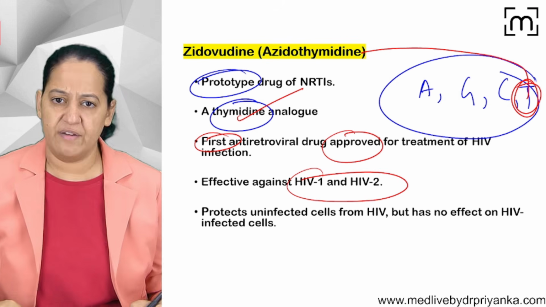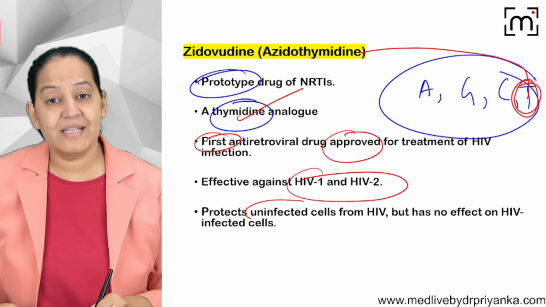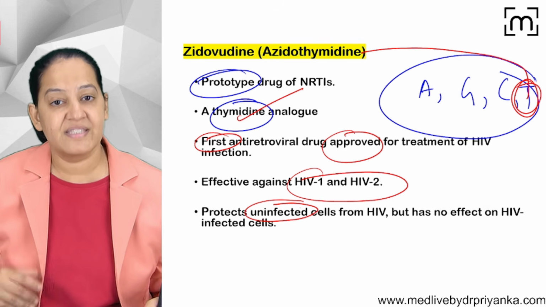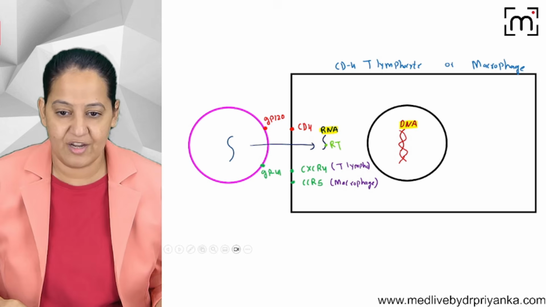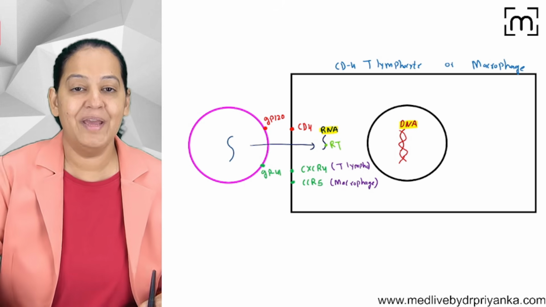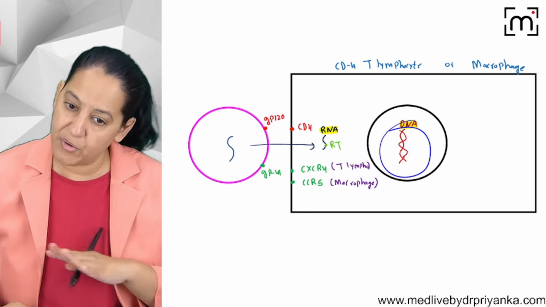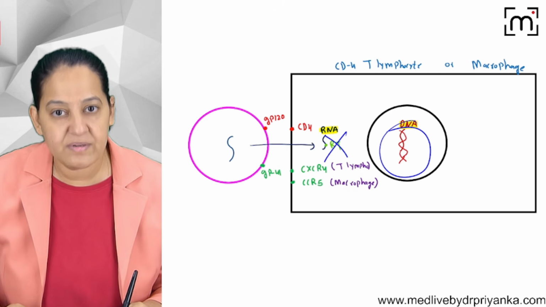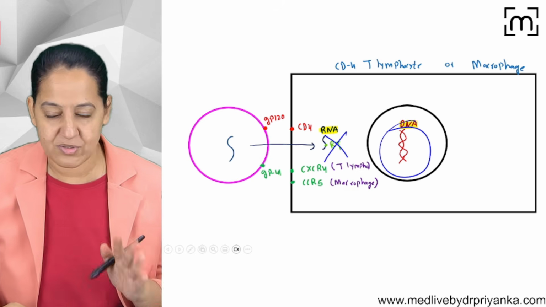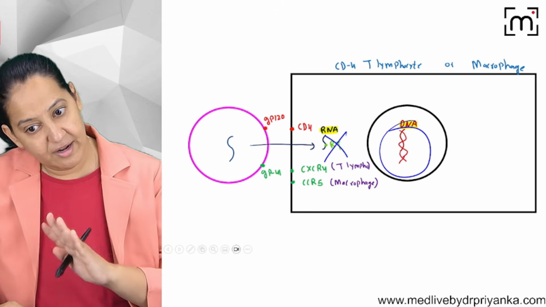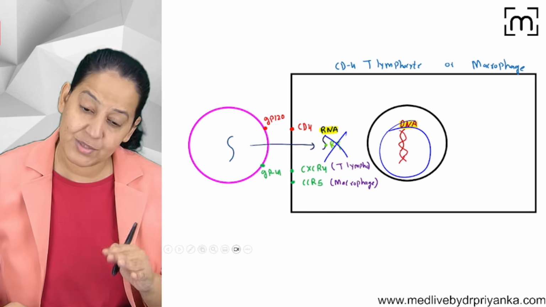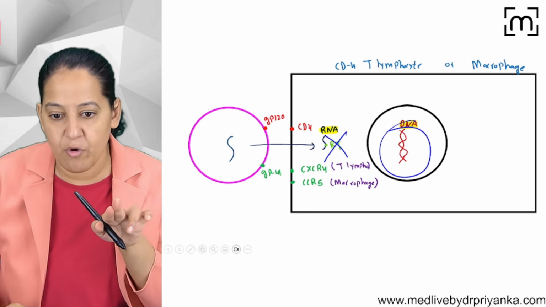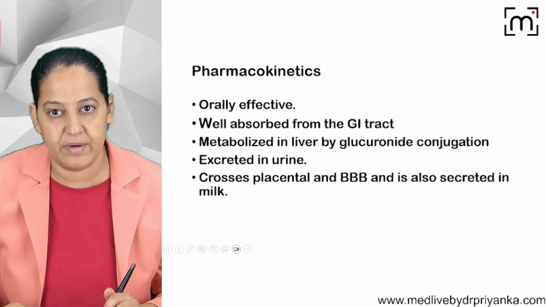It is effective against HIV 1 and 2 both. It protects the cells which are uninfected from HIV. The cells which are already infected with HIV cannot be treated with Zidovudine, because once the integration has already happened, we cannot treat it. Zidovudine inhibits reverse transcriptase, so the single-stranded RNA cannot convert into double-stranded. But in cells in which integration has already happened, Zidovudine cannot help.